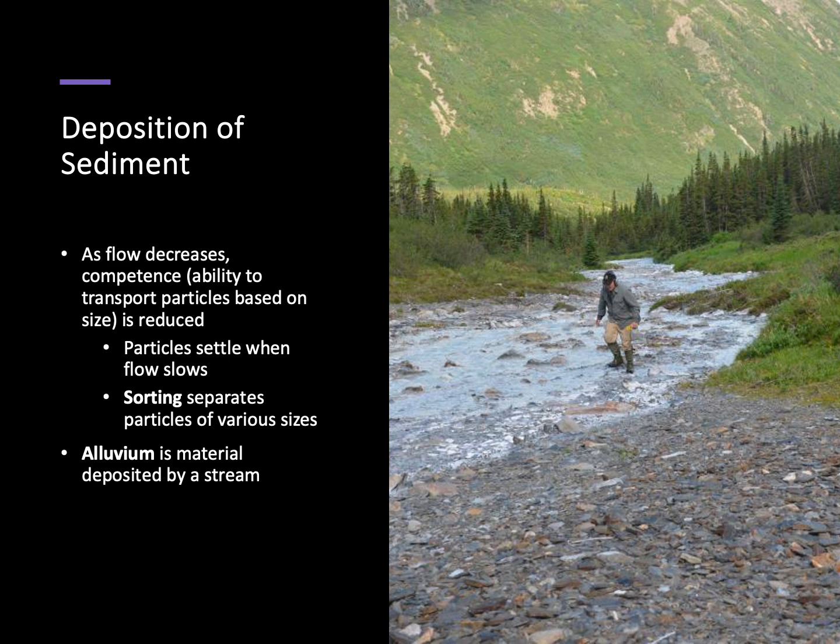In the mountainous regions, we're going to have large boulders, but by the time we make it out to the coast, it's going to be those finer silts and clays. Because as the stream slows down over space, it's going to deposit the largest, heaviest sediments first. And over time, it'll just move on to the next largest and deposit them, etc. But all the material that's left behind by a stream is called alluvium.